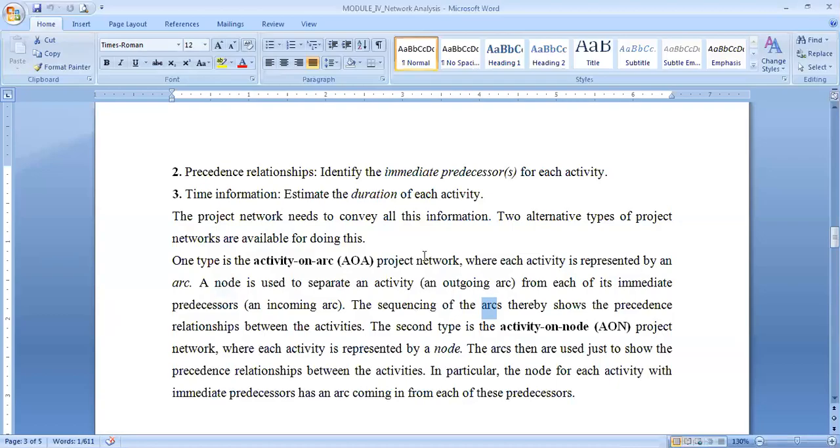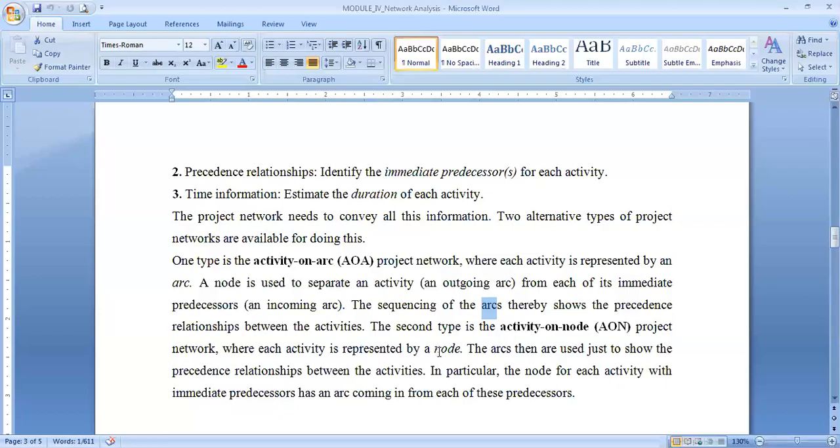Only these two, the circle and the arc or arrow, are used for representing the network diagram. There are two ways of representing these. One is activity on arc, where the entire activity is represented by the arrow mark.